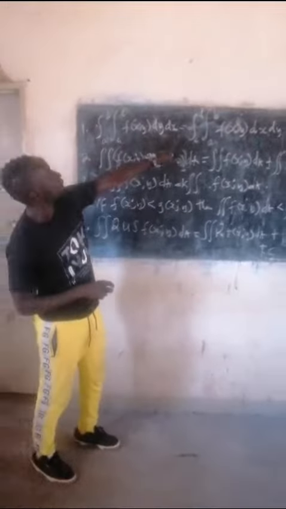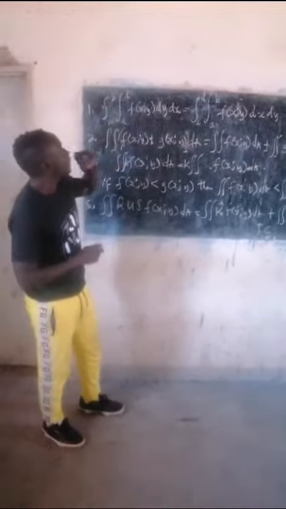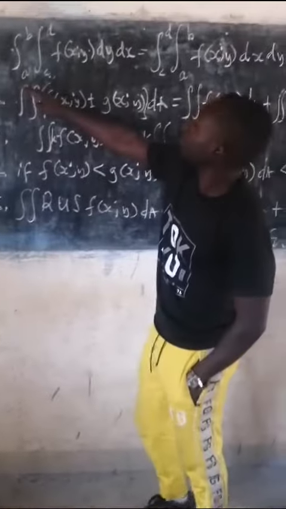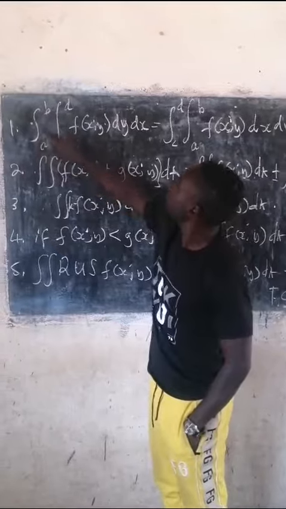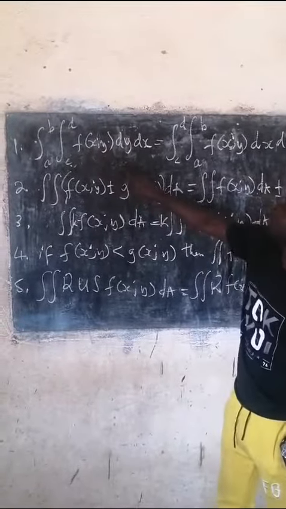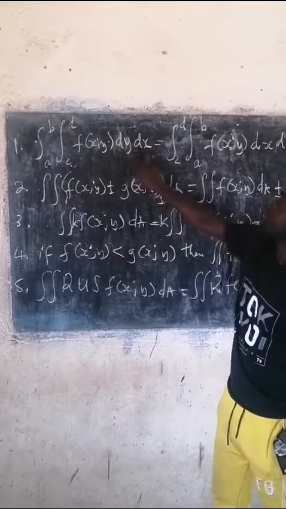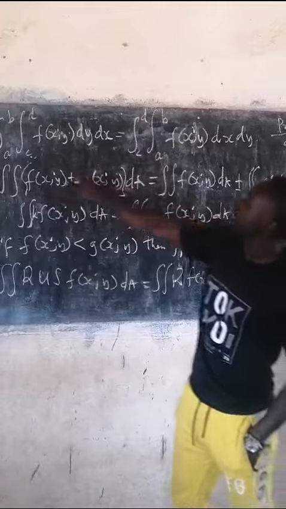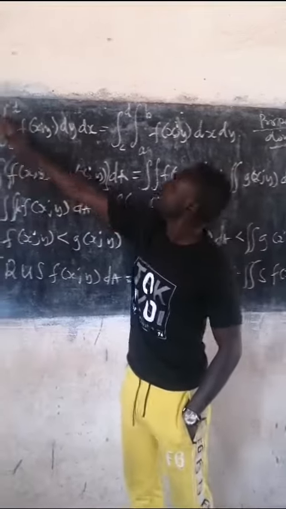Now, if you look at this one, we are saying that the double integral from the given limits a to b, c to d of a function of xy with respect to y, with respect to x, is equal to this one. You can see that we have just changed the limits.